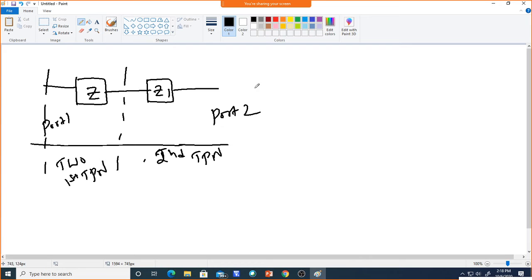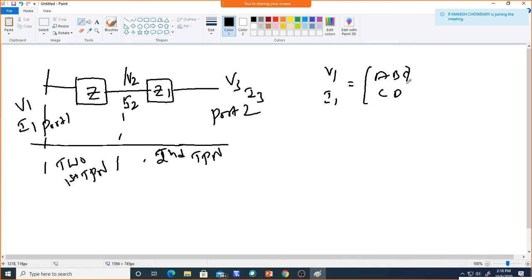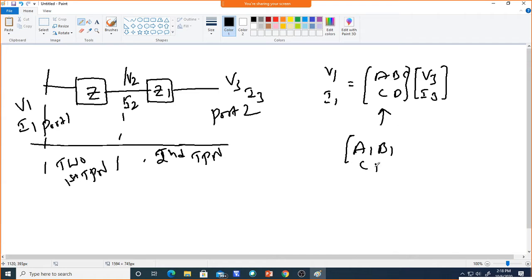If you take the intermediate voltage V1, I2 and V3, I3, you will get V1, I1 in terms of ABCD into V3, I3. So this will be a cascaded connection, A1 B1 C1 D1 multiplied by A2 B2 C2 D2.